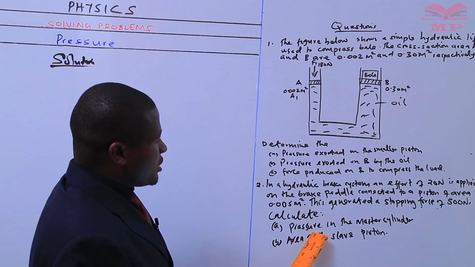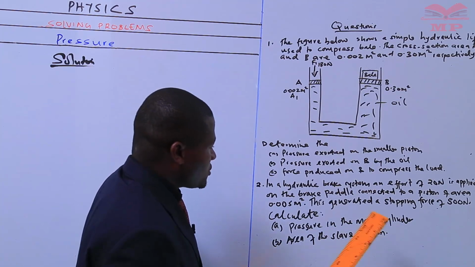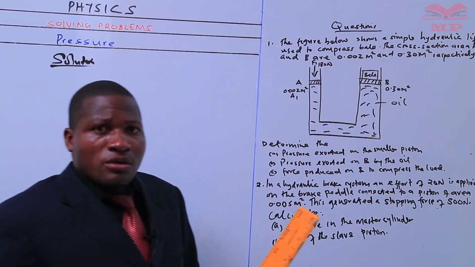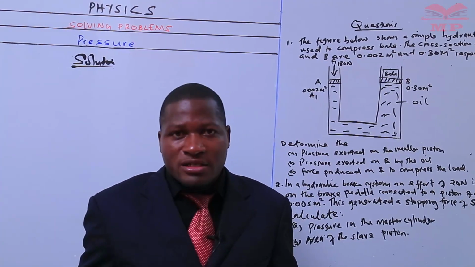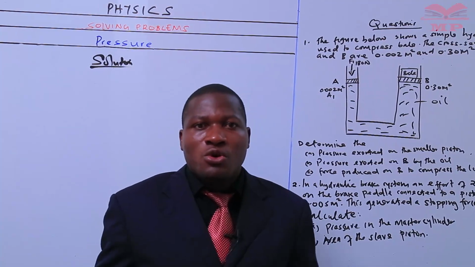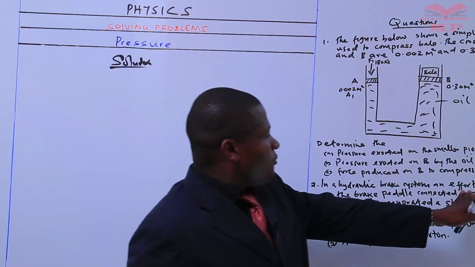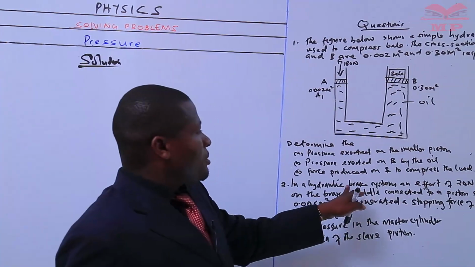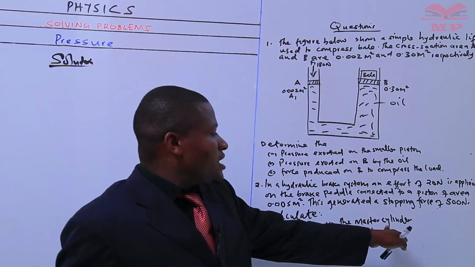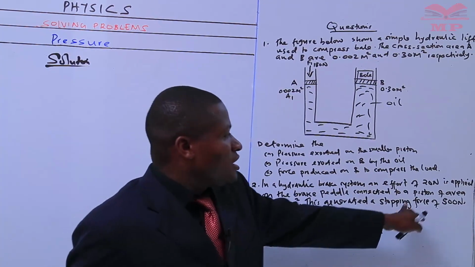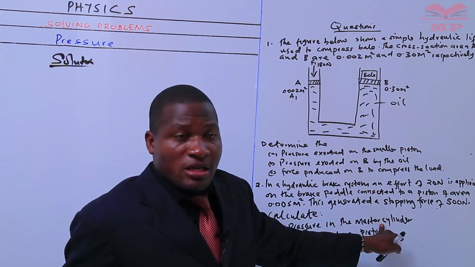Calculate A, the pressure in the master cylinder, then B, the area of the slave piston. Now, we discussed how a hydraulic brake system works. And remember, a pedal is always connected to a master cylinder. The area is just the same as that of the master cylinder. That force is equally transmitted to that master cylinder.